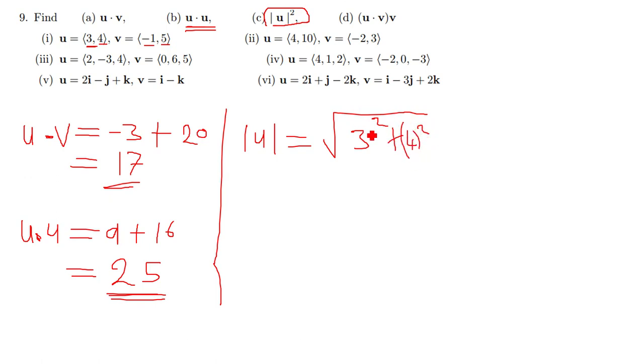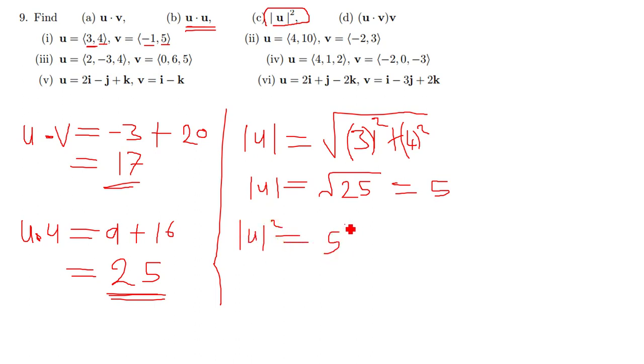So 9 plus 16 gives you 25, so the square root of 25 is simply 5. Then the magnitude of u squared is the same as 5 squared, so this will give you 25. So this is how you do it.